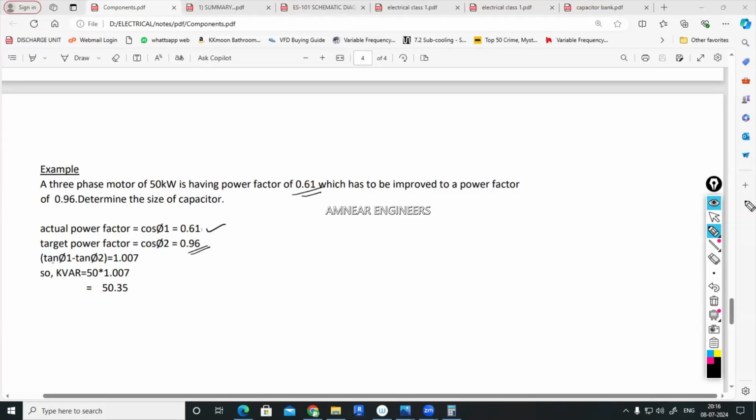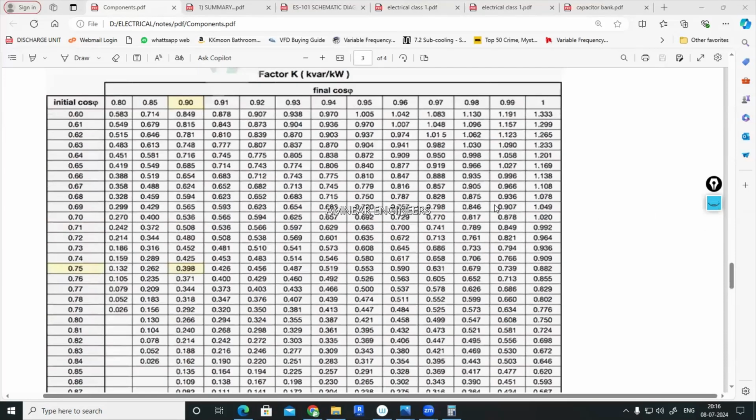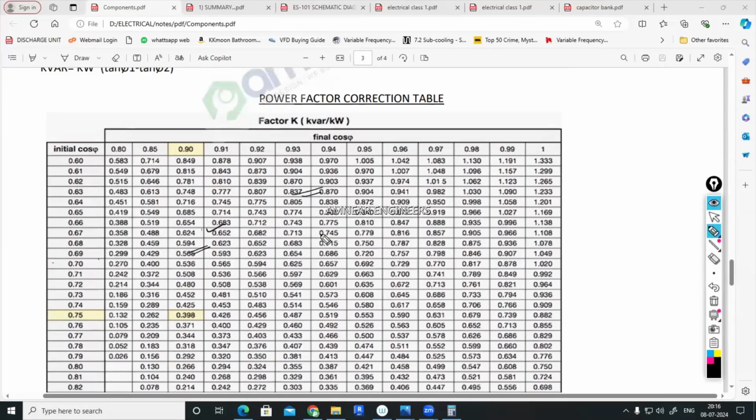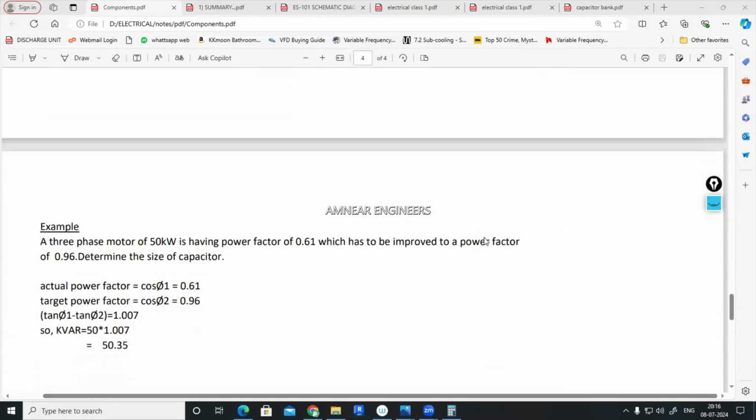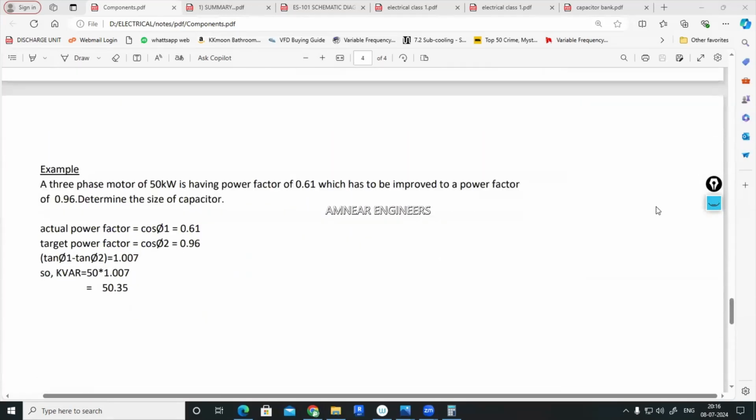Let us go to the table. 0.61, 0.96, meeting point 1.006. You may also try the calculation. Both values will be the same.